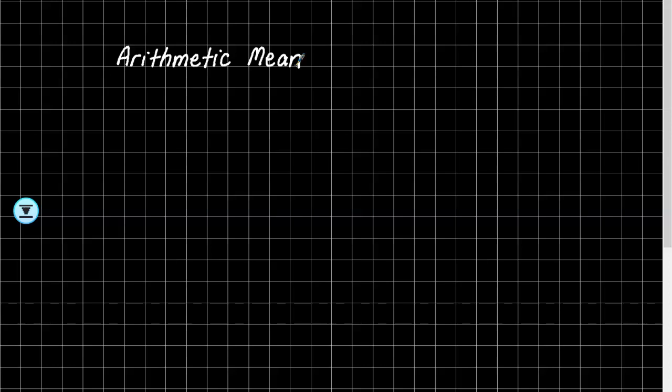If you had 3 terms, you'd add them together and divide by 3. So we could write that as T1 plus T2, divided by 2, or T1 plus T2 plus T3, divided by 3.